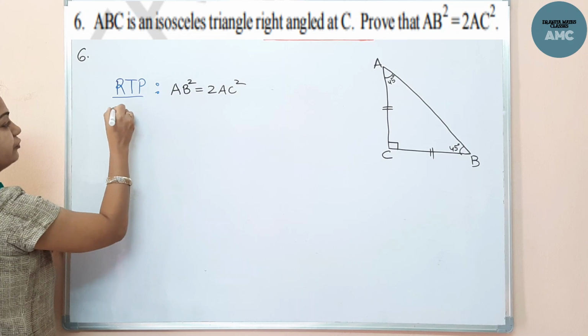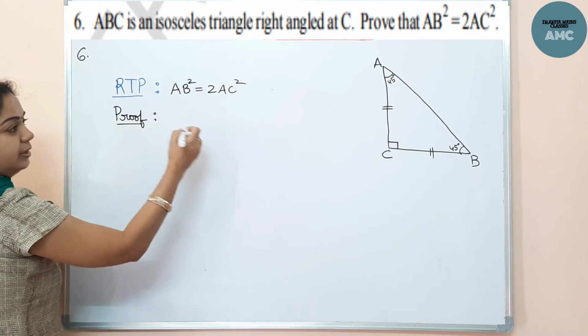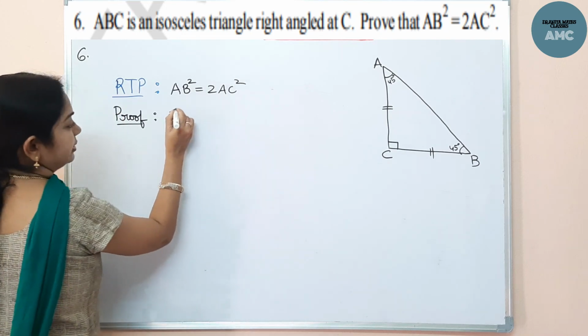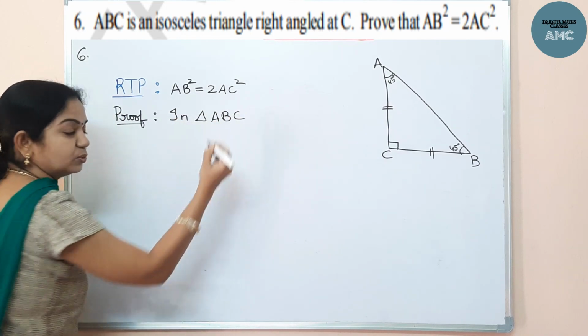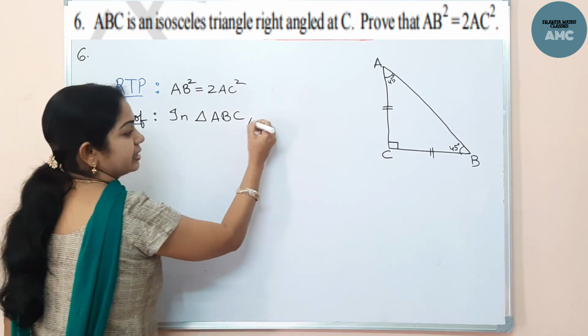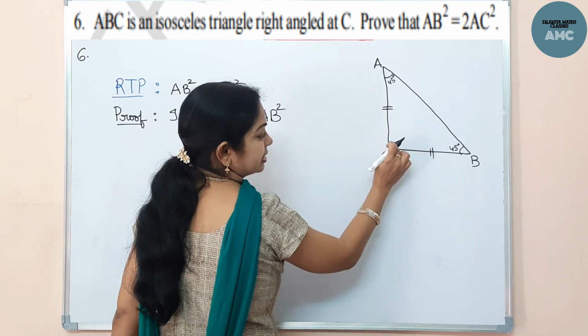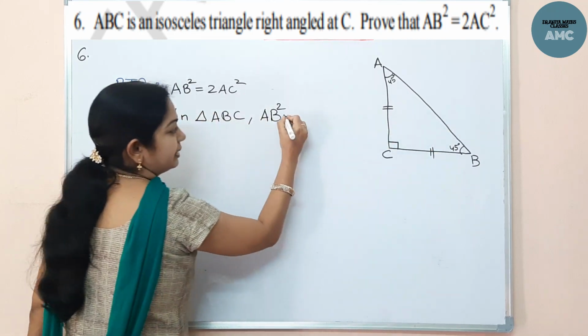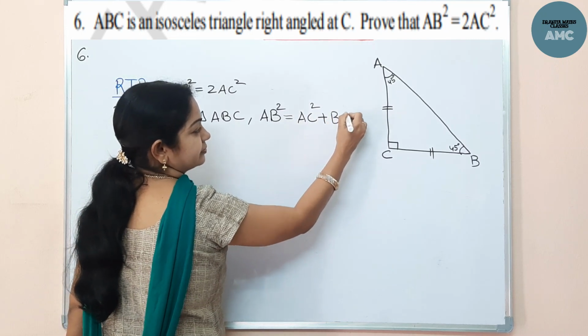Let's start the proof here. Now in triangle ABC, according to the Pythagoras theorem, we can say that AB square, here AB is the hypotenuse, the side opposite to the right angle, AB square is equal to AC square plus BC square.